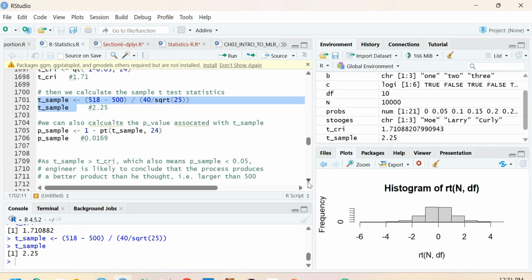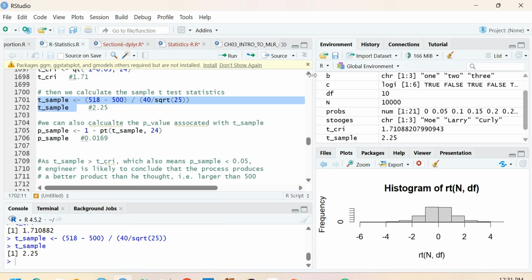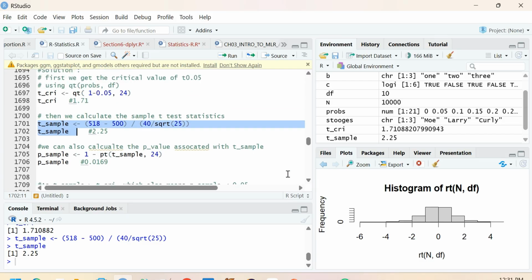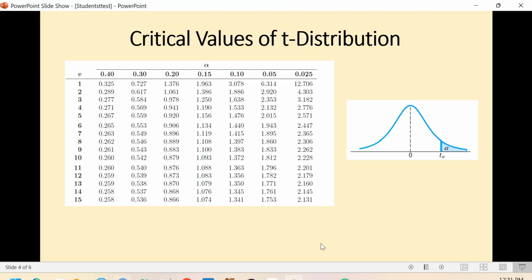So here you can see that 2.25 is much larger than this critical value 1.71. So we can reject the null hypothesis. Or you can calculate the p-value associated with this t sample statistic. So we can use 1 minus pt, because the pt is for the cumulative probability, which is the white area.